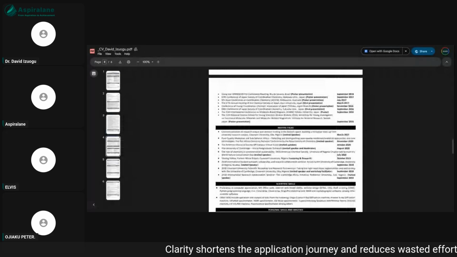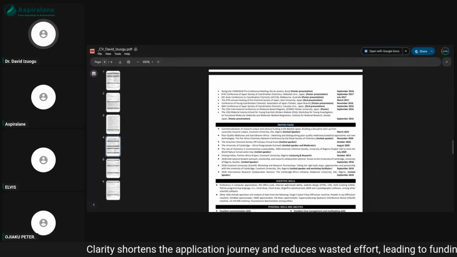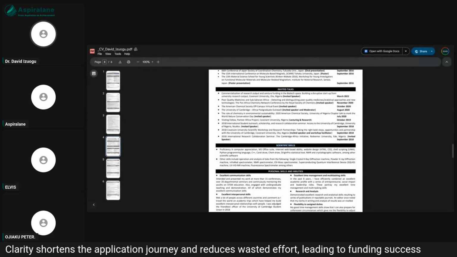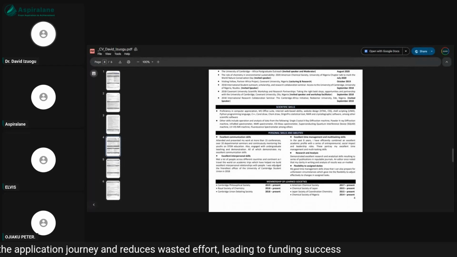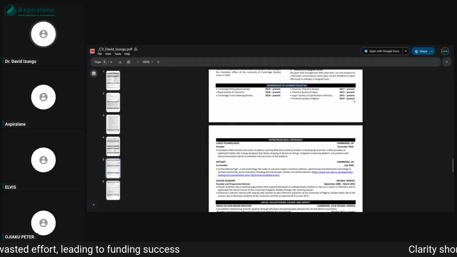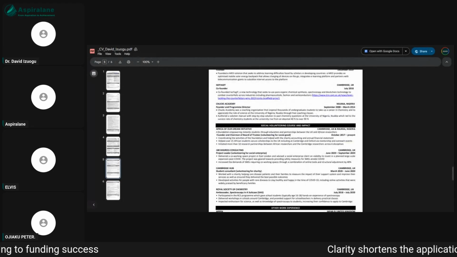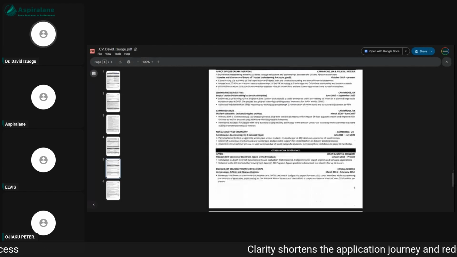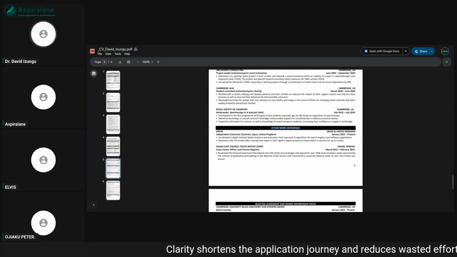These are all written in capital letters. So remember, I told you invited talks, scientific skills, professional skills and ability, membership of learned societies, entrepreneurial experience, social volunteer course and impact, other work experience.